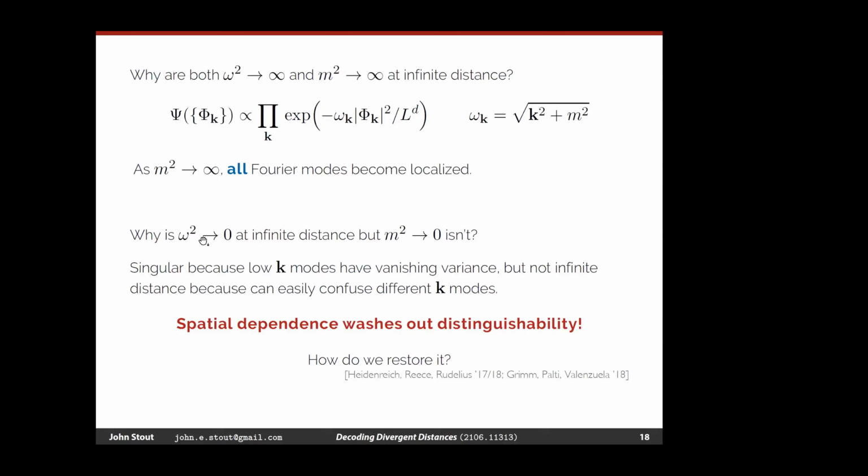But when I do this for the massless limit, I'm confused by the spatial dependence. The k dependence of these modes washes out the distinguishability of this massless limit and turns it from an infinite distance limit, as it was in the harmonic oscillator, to a finite distance singularity.